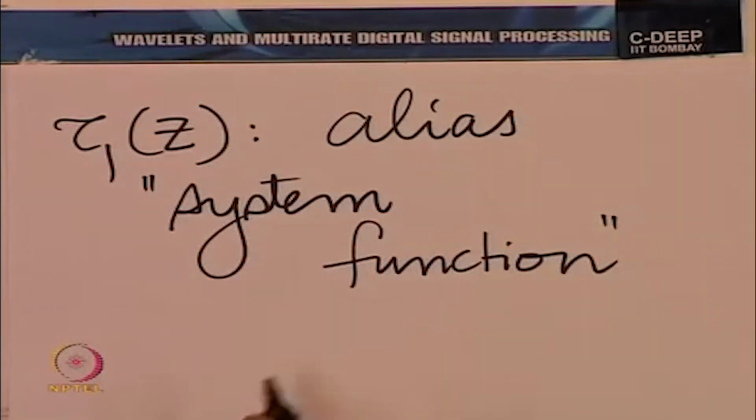I put system function in inverted commas. I must emphasize here, when there is an alias term, the word system function is actually a misnomer. One should not use the term system function, because the system is not linear and shift invariant. On the other hand, if tau 1 z is 0, the system becomes linear and shift invariant. So, this is something that we must now take note of.